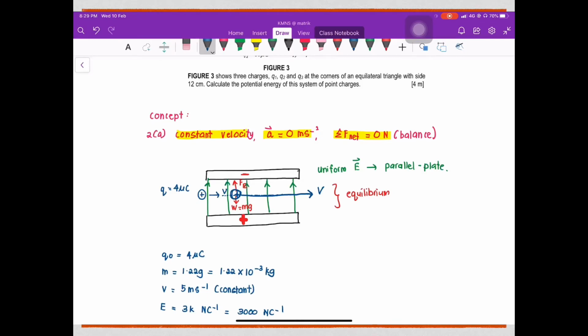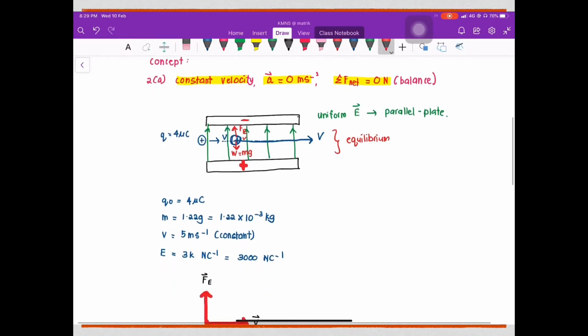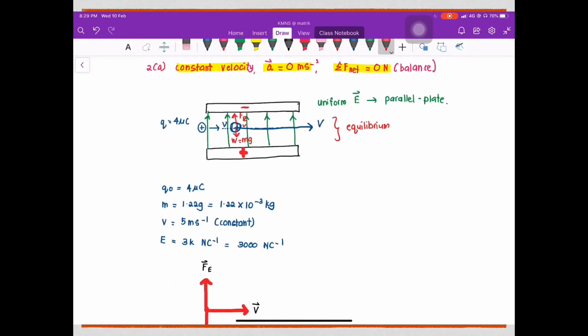Because we have two forces acting on the charge. Electric force acts upward because positive and negative attract each other. Then we already know the weight is always downwards. So referring to the uniform electric field, I draw the parallel plates because of the uniform electric field.